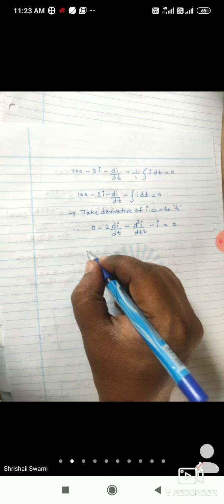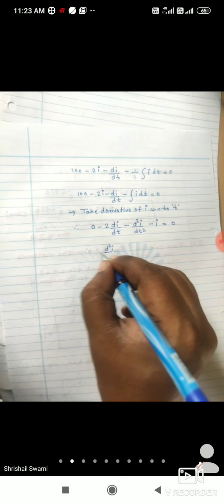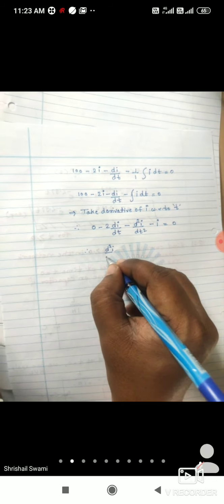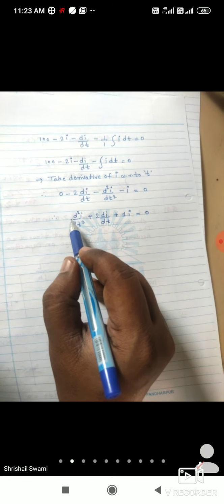Okay, आता minus common काढा. D square I as well as arrange in a decreasing order of derivation. D square I by dt square plus 2 into di by dt plus 1 into I is equal to 0. Okay, so already here coefficient is 1 is there. म्हणजे इथं काही डिवाइड बाय बोथ साइड असला क्वेश्चनच राहणार नाही. ऑलरेडी इट इज coefficient 1.